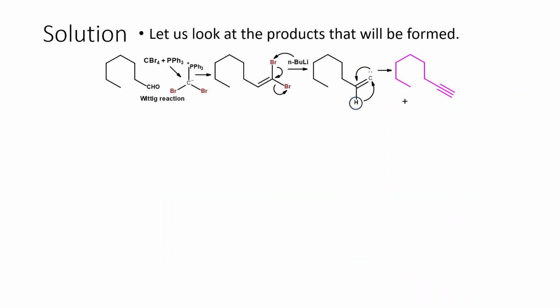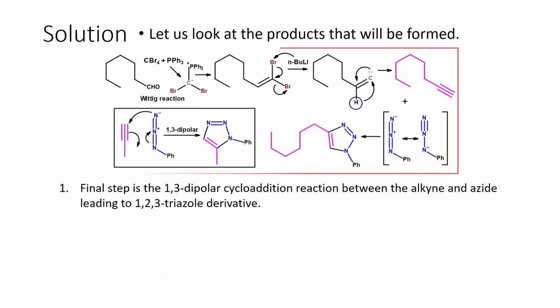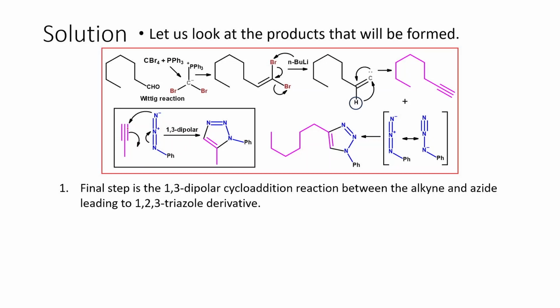And once the alkyne is formed, the next step is the reaction with the azide, and this reaction is a very famous click reaction, and here we are using a copper catalyst. So this is going to give a specific product, that is only one of the regioisomers will be formed in this particular reaction. The reaction between an alkyne and an azide is called the 1,3 dipolar addition, and this leads to the formation of a 1,2,3 triazole derivative.